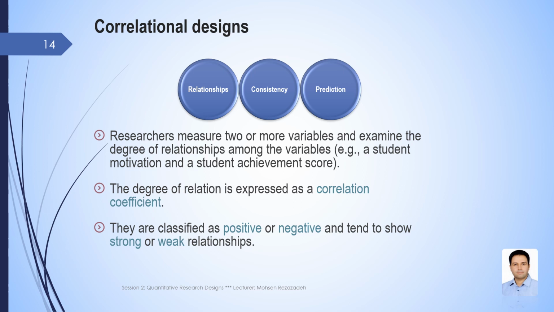And we have different indexes for correlation coefficient. It can range from -1 to 0 to +1. If the variables are highly related, a correlation coefficient near +1 will be obtained, meaning the variables are positively correlated.